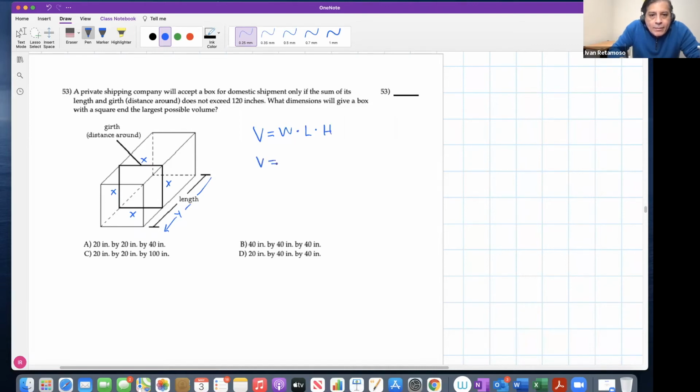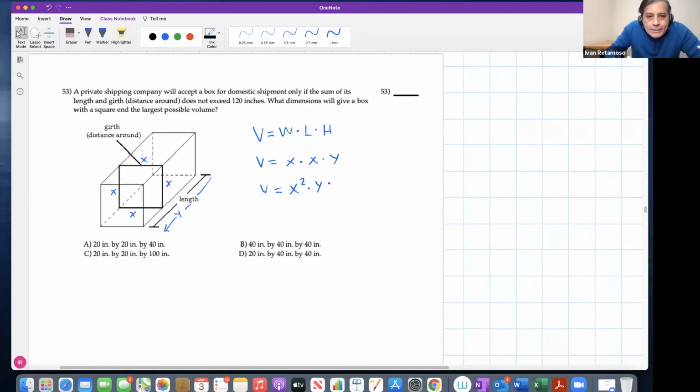But in this particular box, the width and the length are the same, so this will be x times x times y. Let's call y the height. So volume will be x squared times y, no matter what. Multiplication of the three main dimensions in any order will lead to this volume.